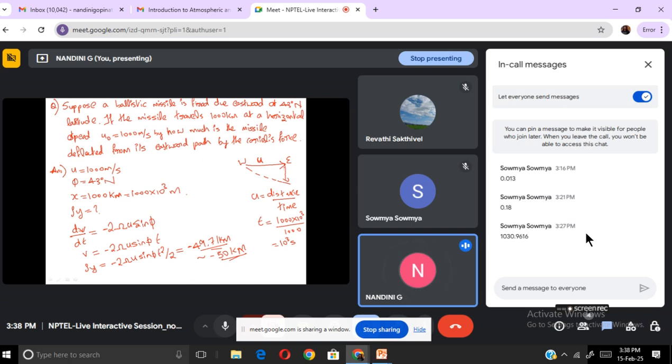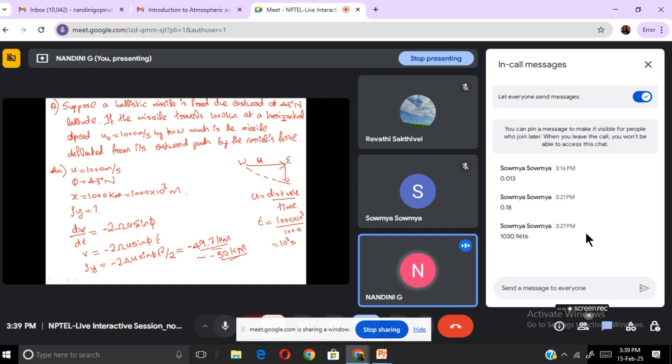It is coming as 49,717 meter, or approximately minus 49 kilometer, around minus 50 kilometer. It is negative because the deflection is in the negative y direction, north to south.